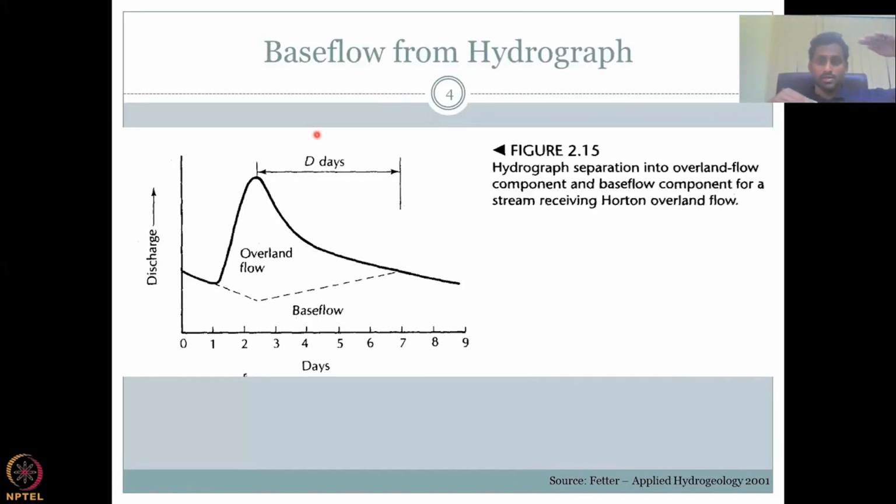Initially it was like this: the groundwater is giving water into the stream, but now your stream level is high. It pushes water back, or it prevents base flow from giving water to the river. So your amount of base flow comes down because your peak is happening.